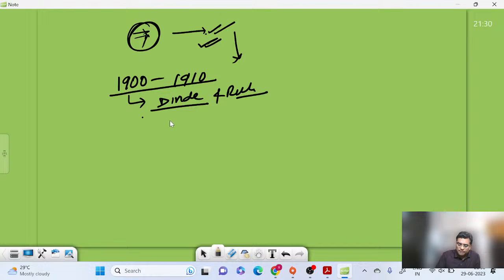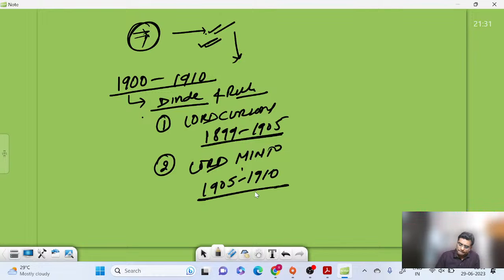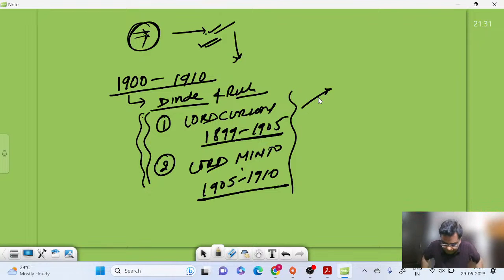And in this policy, two viceroys, one was Lord Curzon, 1899 to 1905, and the second was Lord Minto, 1905 to 1910. So Lord Curzon and Lord Minto, these two viceroys played a very significant role in the rise of nationalism. Lord Curzon intended to have the partition of Bengal.